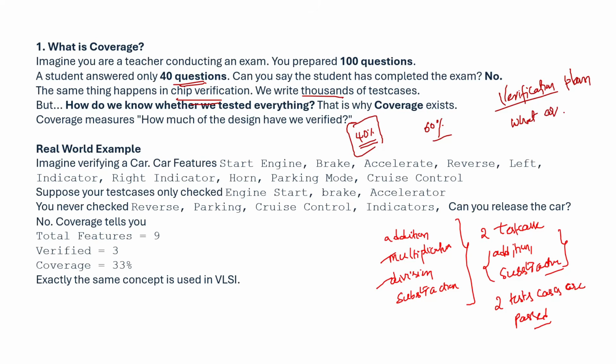All the scenarios we list here, and all the design metrics we list in the verification plan. From that we know which are verified and which are not, right?